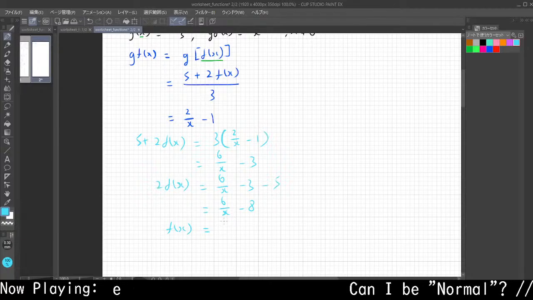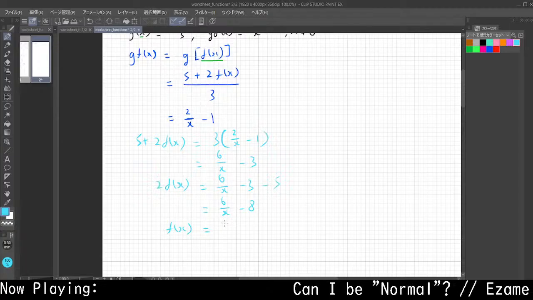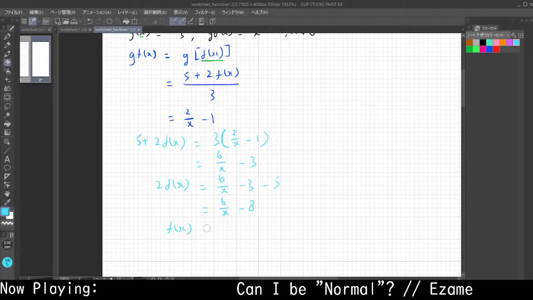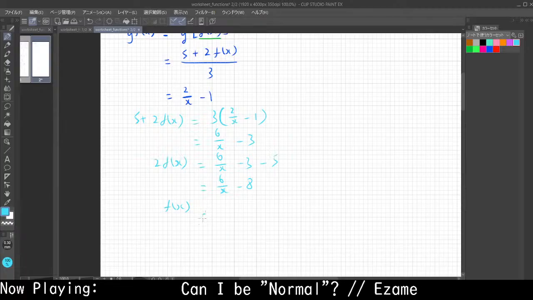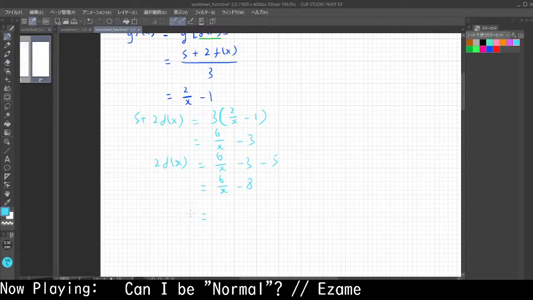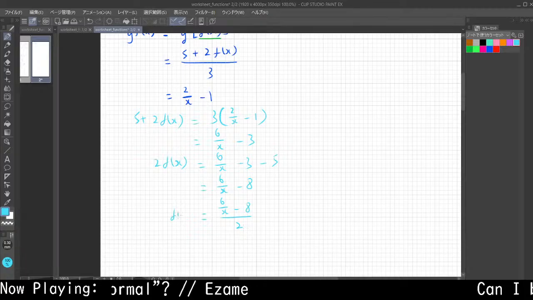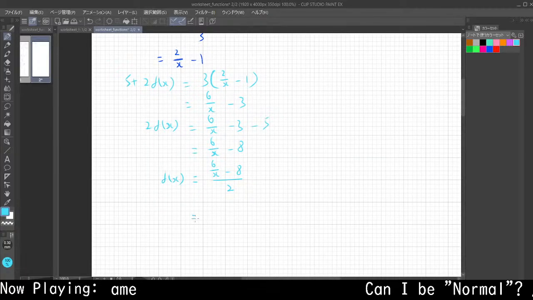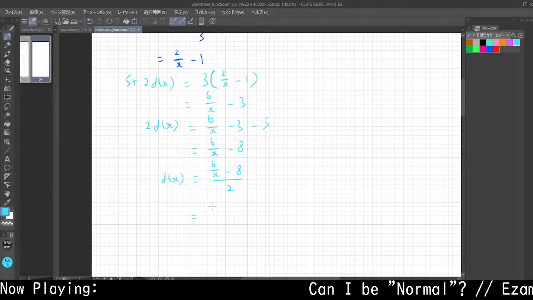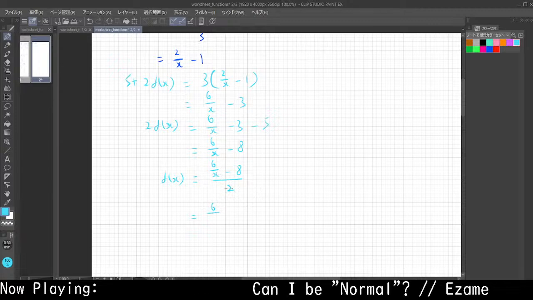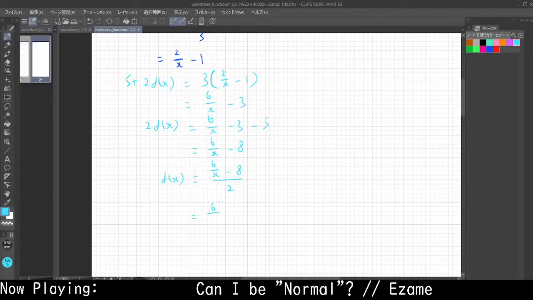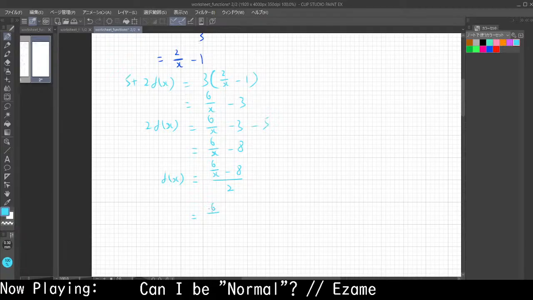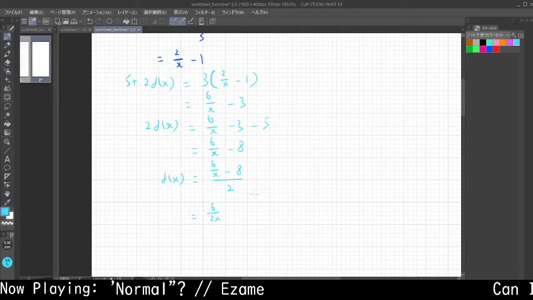So how do I write this so that it's easy to understand? You can do this. Then what you can write is the following. Your 6 over x will be divided by 2. Since there are 2 denominators, they will combine with each other, so you would get 2x like this.